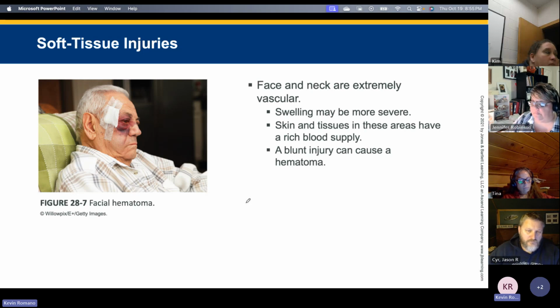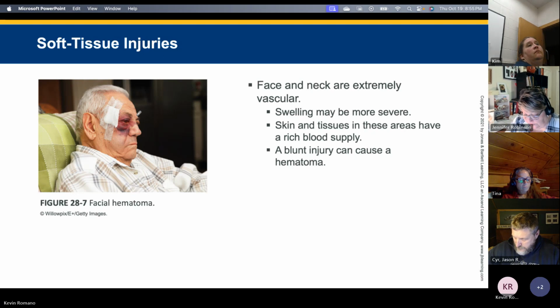So the face and neck are extremely vascular. You have a small little cut in the head and it looks like a murder scene, right? Swelling in this area may also become more severe. You'll see that in this guy's face, right? When I'm looking at this, I'm thinking orbital fracture. You had a laceration here. What else am I also concerned with?